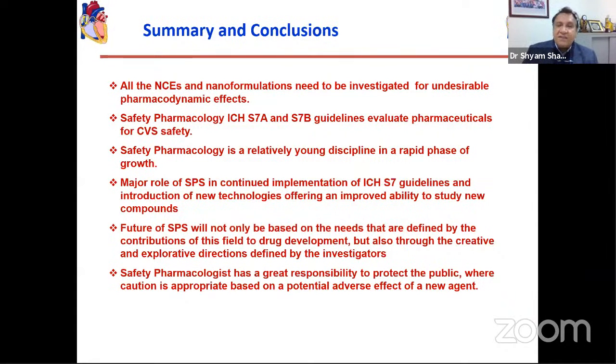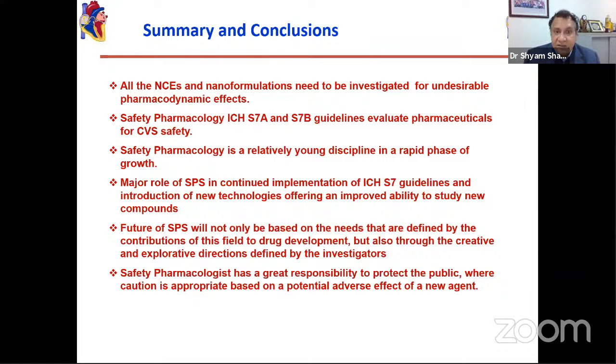That gives confidence to consumers or buyers that this has been tested and there is no cardiovascular health risk from this formulation. So these guidelines are not only for nano formulations or new chemical entities; even for nutraceuticals you will find on the internet a lot of companies doing this.